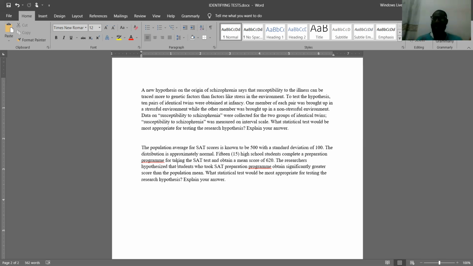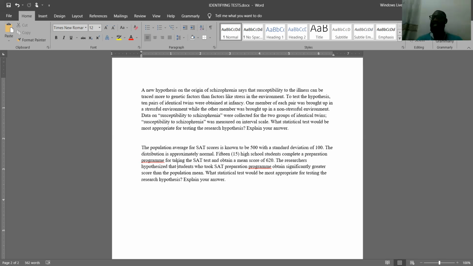Then you find out the difference. Always with z-test, the population mean and the population standard deviation should be given in the question. But with one sample t-test, they wouldn't provide the population standard deviation. So let's find out whether they provided the population standard deviation in the question. When you read the first sentence, it should give you a clue. They indicated the population average for such scores is known to be 500 with a standard deviation of 100.